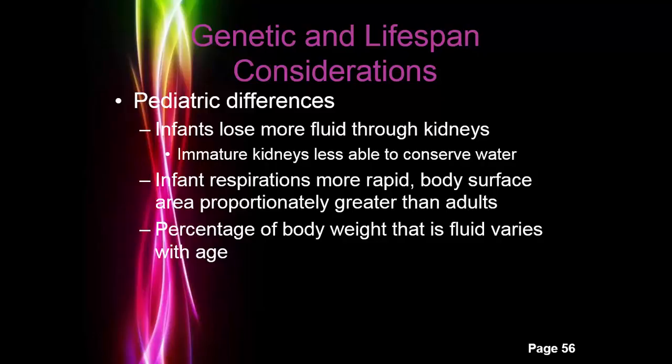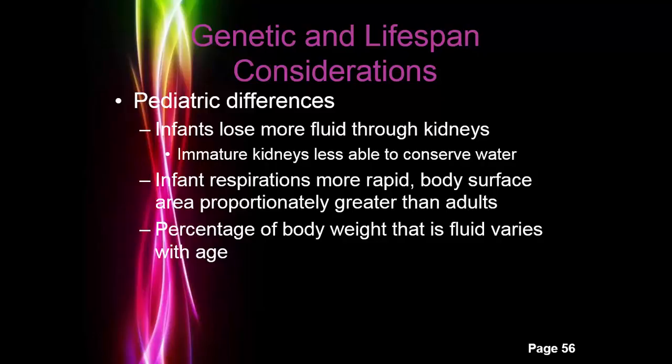All right, looking at genetic and lifespan considerations, pediatric differences. Infants lose more fluid through their kidneys because their kidneys are immature and less able to conserve water. Infants' respirations are also more rapid, so their body surface area is proportionately greater than adults. So they will have an increase in insensible fluid losses from their skin as well as their lungs.